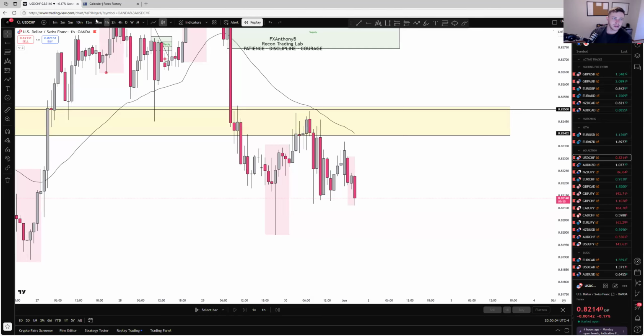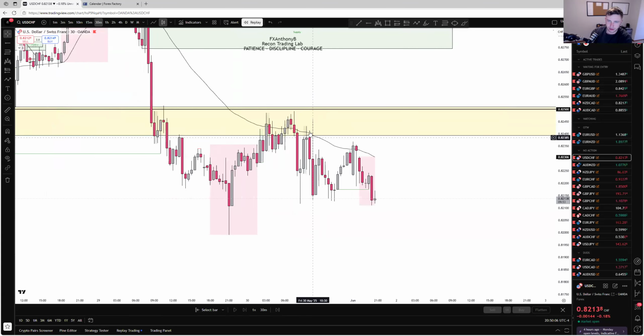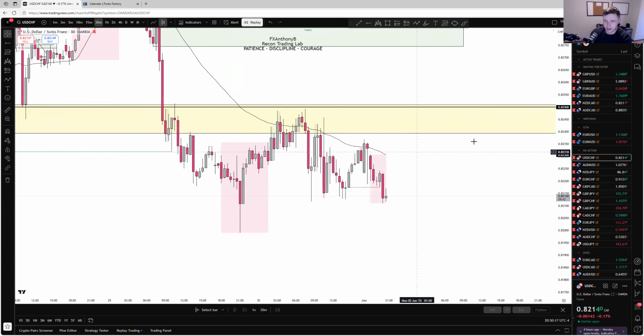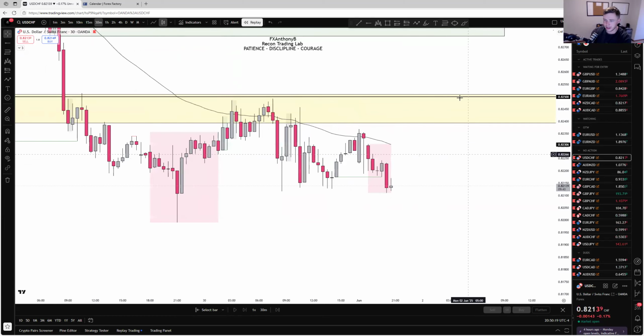So if this was our trade and we took this trade at 9:30 a.m. on Friday, this would have been a good trade. But obviously we did not. It is now Sunday. So let's see what we can see.